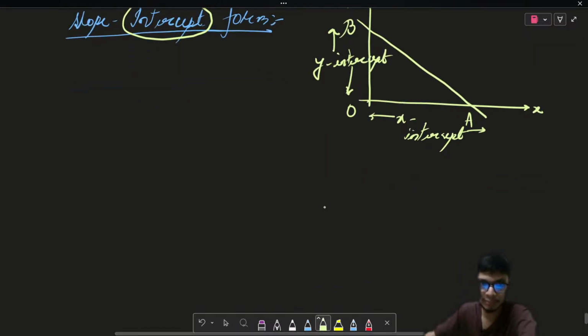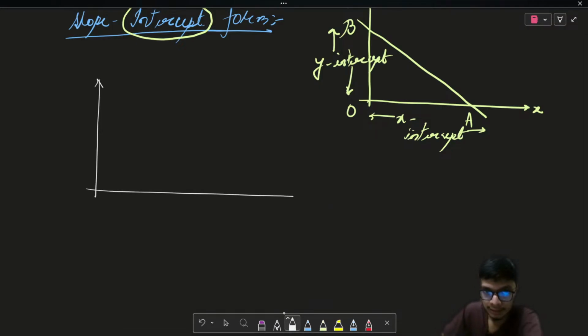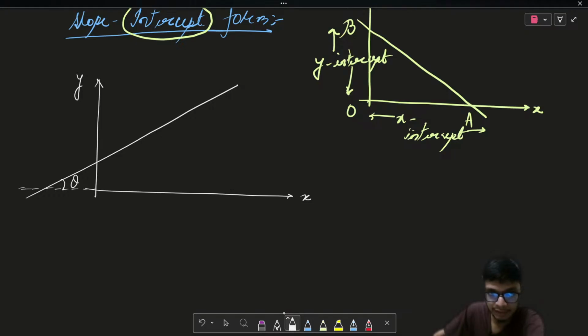So let us say this is my line, or let me draw a better one. This is my x and the y-axis. Then I formulate a line something like this, which is making an angle theta with the positive x-axis. Now, let me consider any point on this line as P, with coordinates x comma y, and this particular angle is also theta.